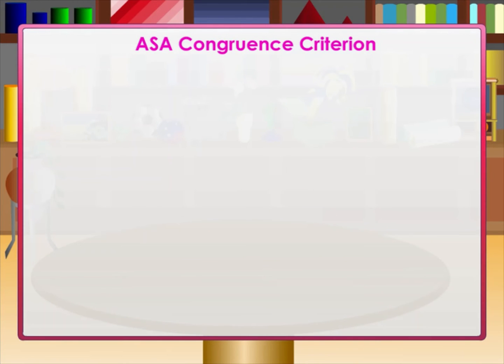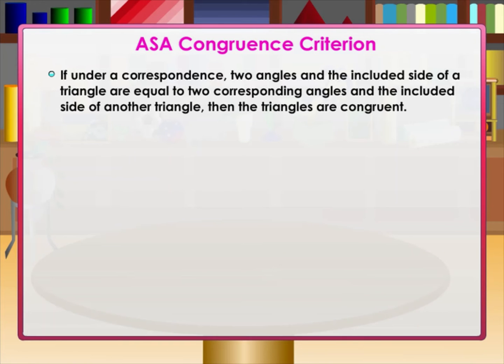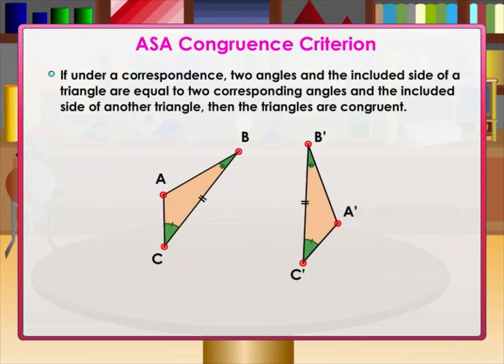ASA Congruence Criterion. If under a correspondence, two angles and the included side of a triangle are equal to two corresponding angles and the included side of another triangle, then the triangles are congruent. Observe the two triangles ABC and A'B'C'.